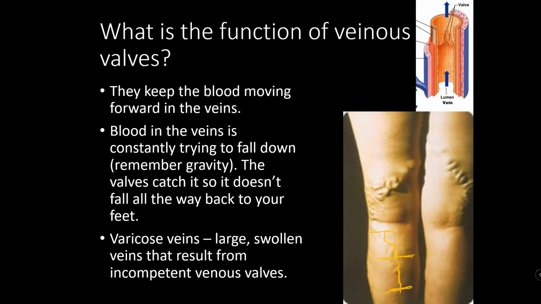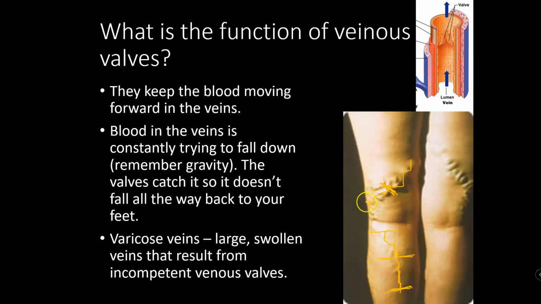Okay. Varicose veins are also defined for you up there. Varicose veins happen because valves start to fail. So let's say that this valve right here started to fail. Well, that means that this blood started to fall back down, and the blood started to pool through here, and it started to distend the veins in this area.